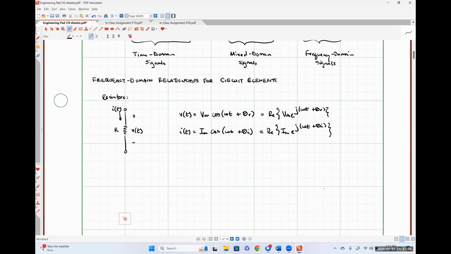Just Ohm's law? Exactly right. Just Ohm's law. V is equal to I times R. So we would have the time domain relationship.